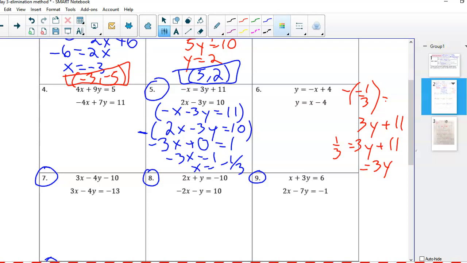What is that? I said, what's 1/3 minus 11? Negative 32 over 3. Sorry, say that again. You said 1/3 minus 11? Negative 32 over 3. Negative 32 over 3, or negative 2.6.